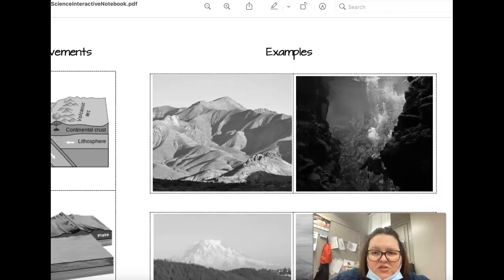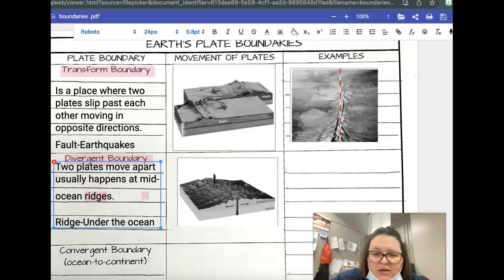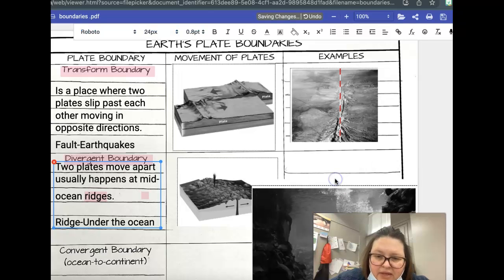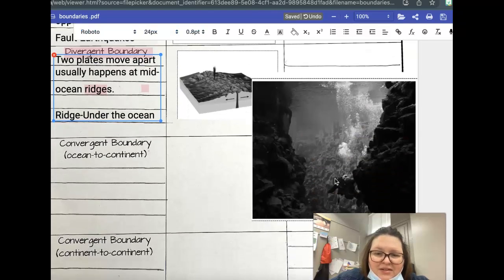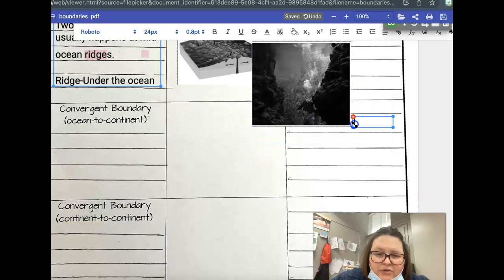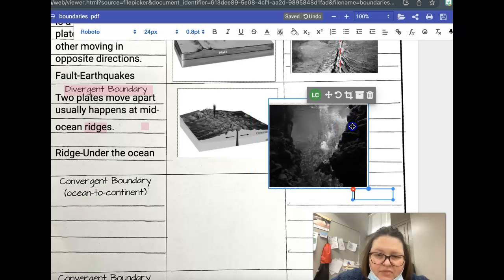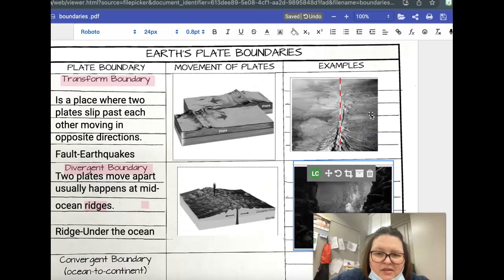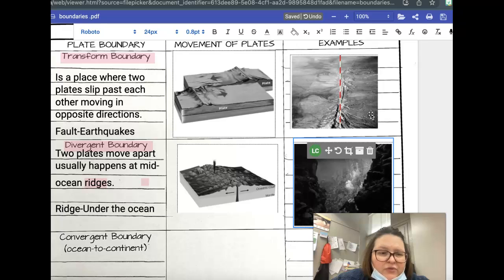Now, there are multiple trenches. I don't know what this one's called, but someone was brave enough to dive down there and explore. So what you're going to do as well is cut this out and paste this on the lines in the example column for divergent boundary.